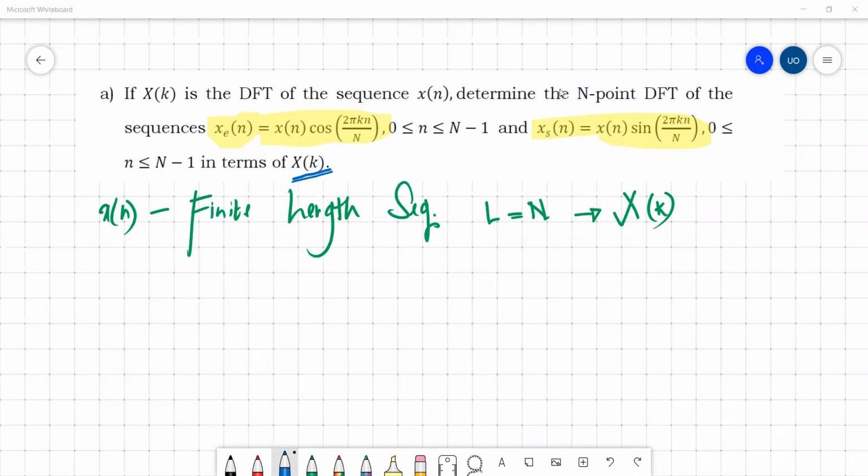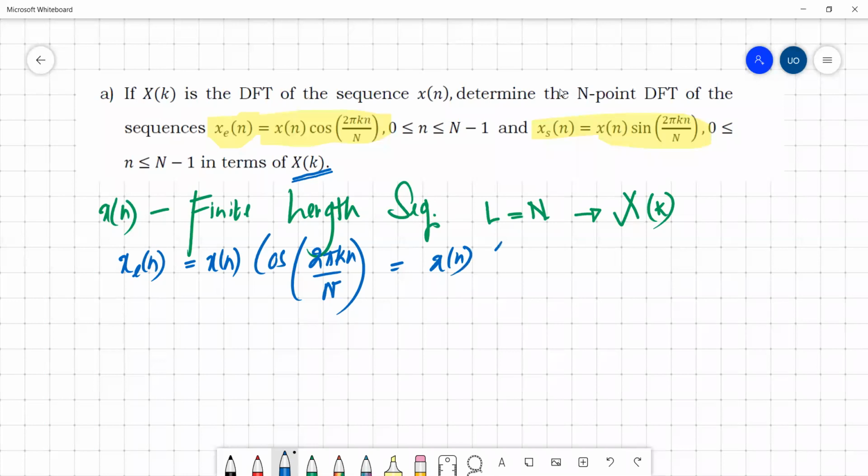So we can rewrite this x_e of n like this. We have x of n here, and let's have this cos 2 pi k n over N. We can replace this cos term as a function of complex exponentials.